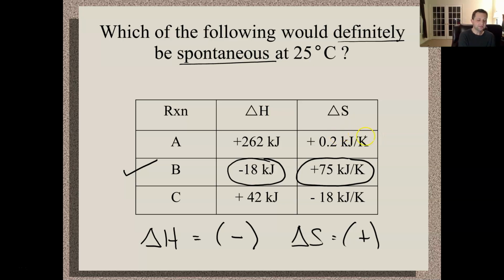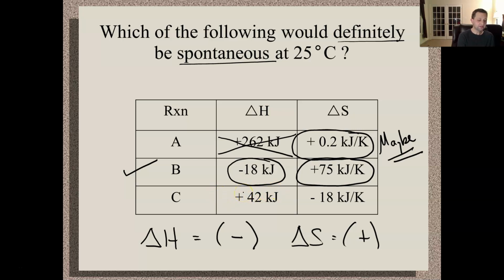The delta S value is favorable, okay? Because that should be positive. So this is good. Okay, this is not so good. So letter A is actually a maybe. Like, this might happen. We have to look at an equation to help us figure that out. We'll do that next.